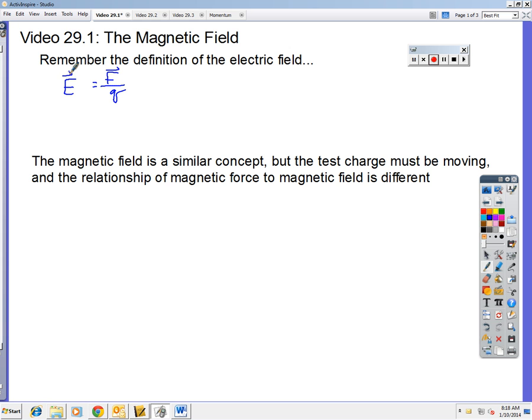Also, the electric field is always in the same direction as the electric force. That is not the case with the magnetic field.